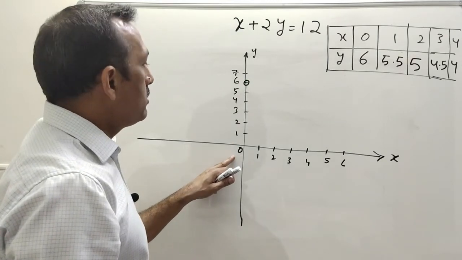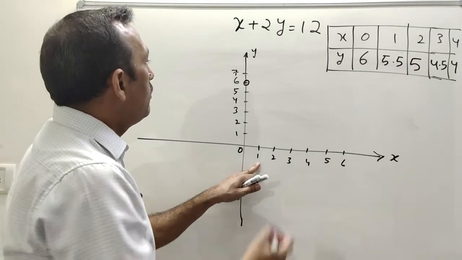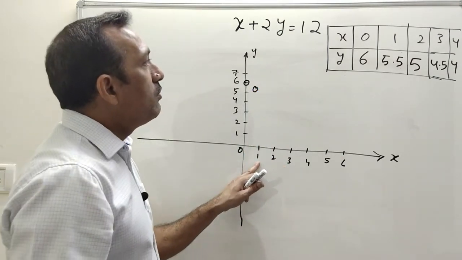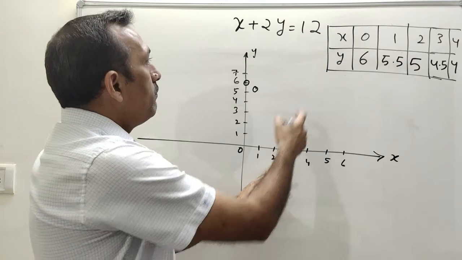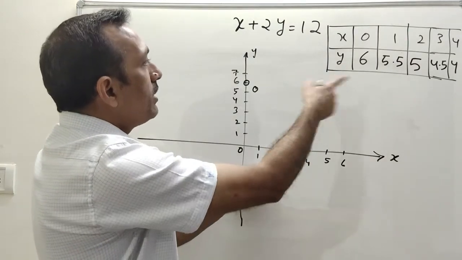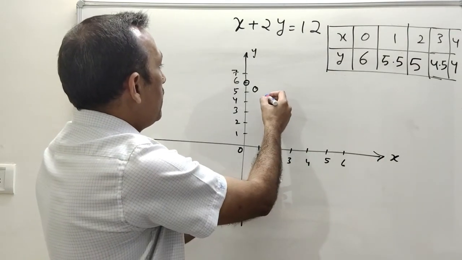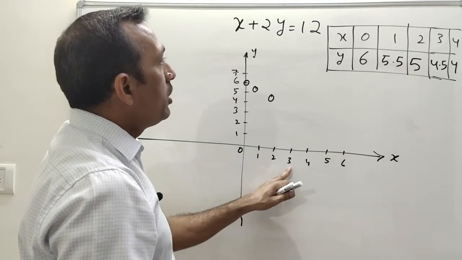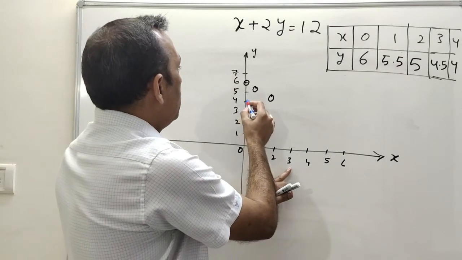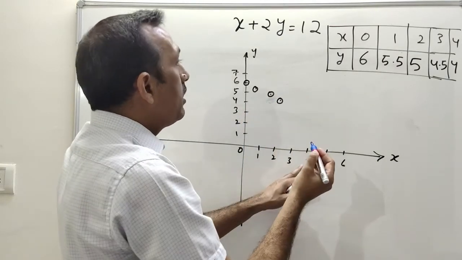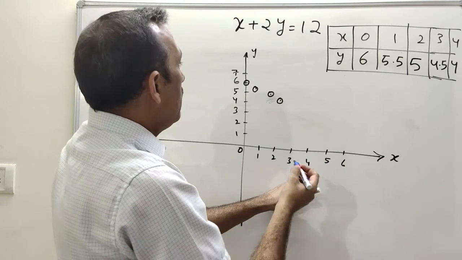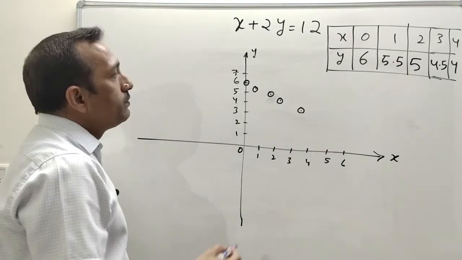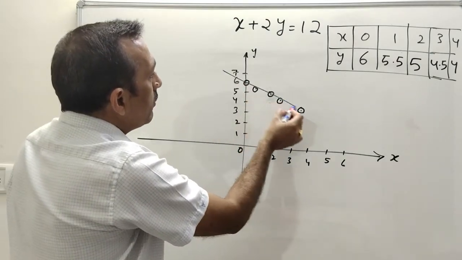When value of x is 1, then value of y is 5.5, that means somewhere here. When x is 2, y is 5, that means somewhere here. For 3, 4.5, then 4.5 will be here, and x is 4, y is 4. So this will go something like this.